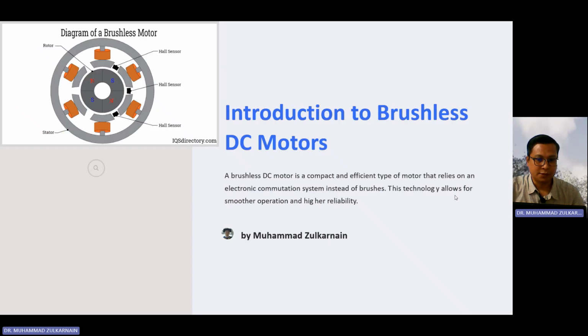Now we go to another type of motor. Right now we try to understand the brushless DC motor. Based on the structure, we can see from the figure it is much different compared to the previous motor structure.